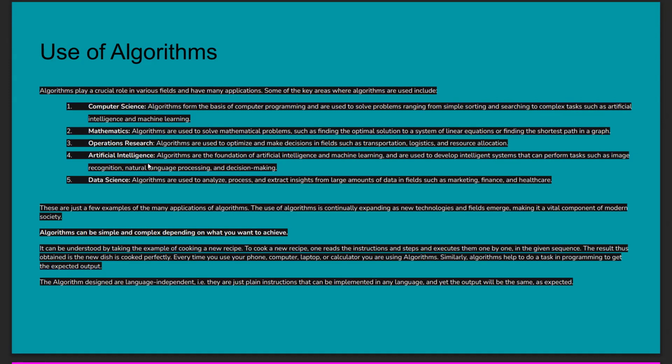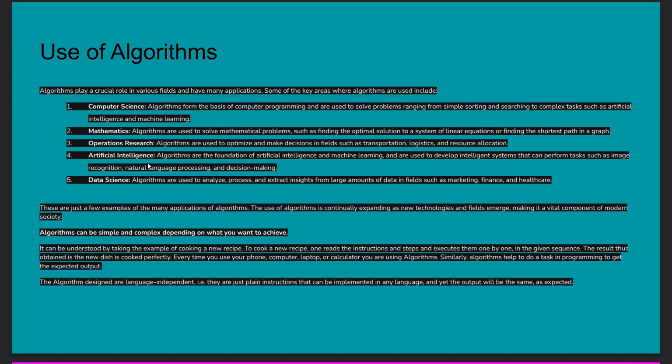So by using these algorithms, we can develop intelligent systems which can perform tasks like image recognition, natural language processing, and decision making. So in this way, we use these algorithms in artificial intelligence.